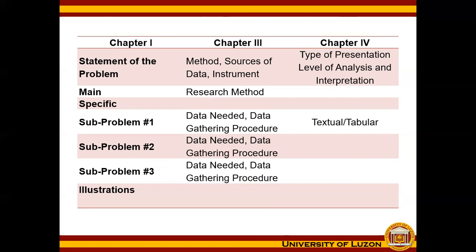All right, so that will be for the explanation in the third chapter involving the subproblems. For obvious reasons, the main problem is actually addressed in the research method and a general discussion of the instrument and the data gathering procedure as well.